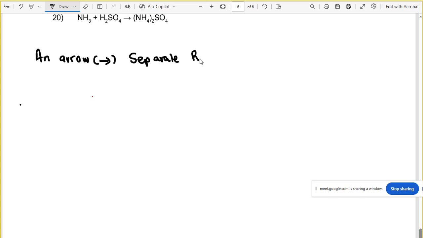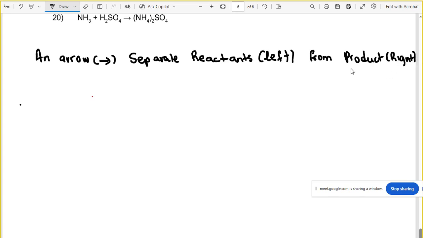The reactants will be on the left side of the equation, and the products will be on the right side of the equation. I hope you understand that part, okay? Yes.